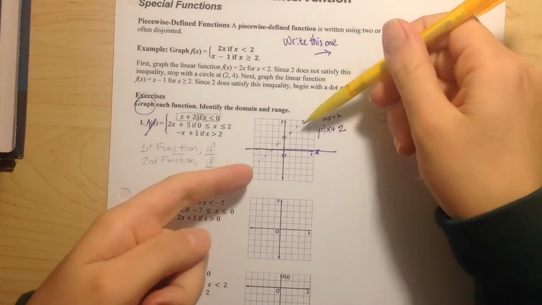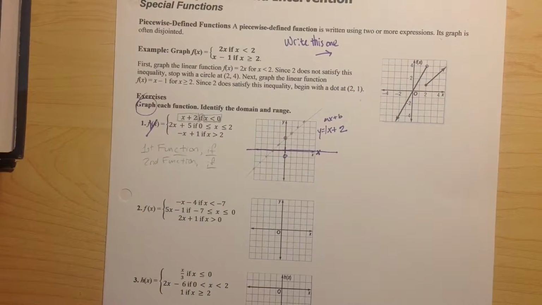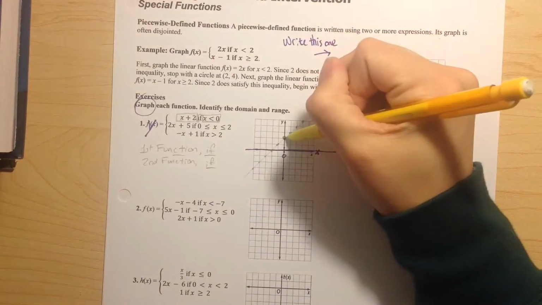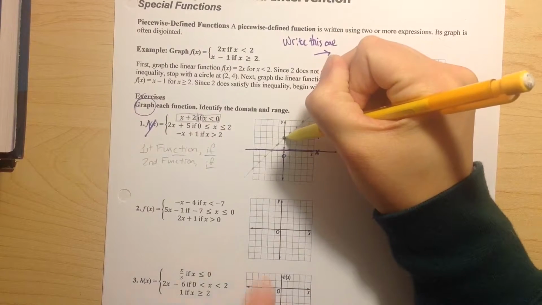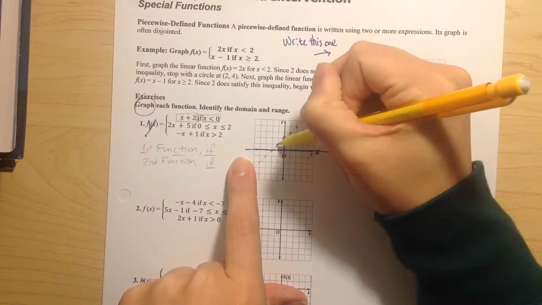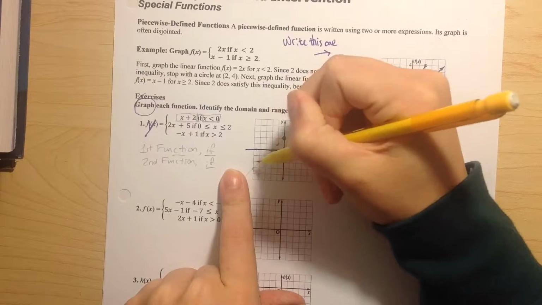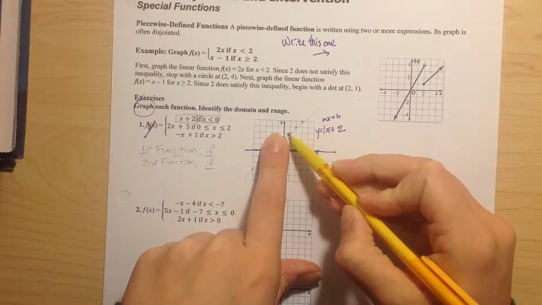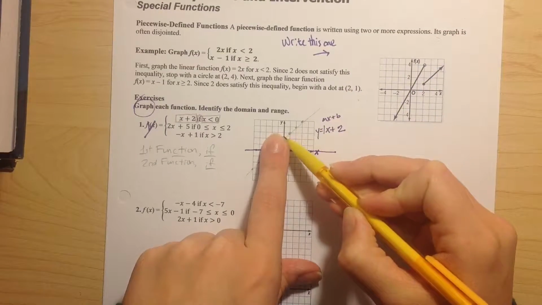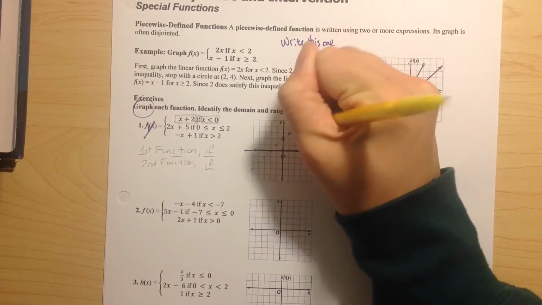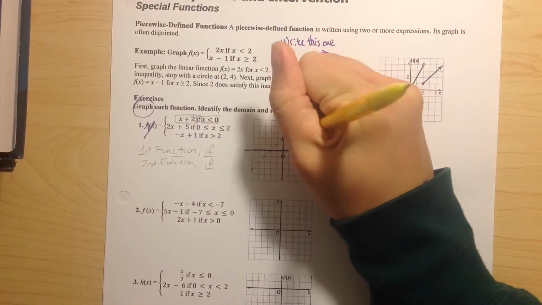I only want this line if x is less than 0. Well, if it's less than, that means it's this direction. It's the left side of the graph. So these points are all good to go. I like those points on this line. But I don't want any of these guys. Those are when x is greater than 0, and I don't want that. So I'm just going to erase those as best I can down to 0.